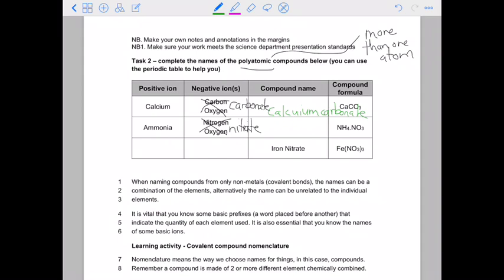It is calcium carbonate. So the next one, again, very simple, ammonium nitrate. And for this last one, the positive ion would be your iron, and your negative ion is your nitrate.